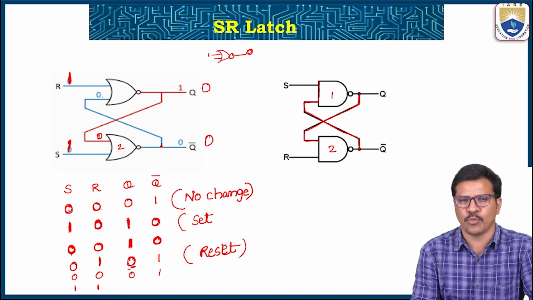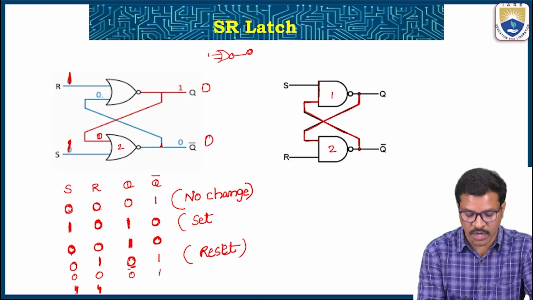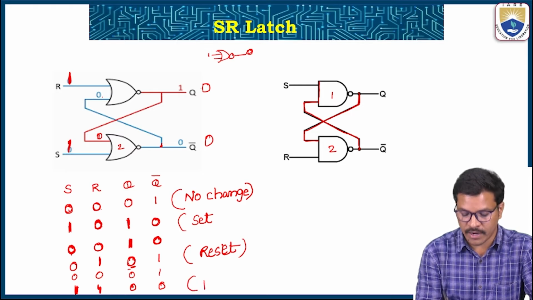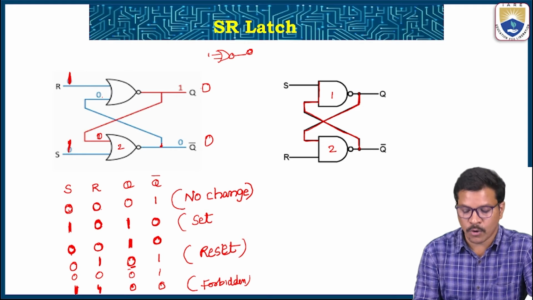Both outputs must be complement to each other, but here when applying 1 and 1 in the SR latch, we get 0 and 0, which is nothing but forbidden, which is not allowed. Both outputs are the same, which is not allowed.